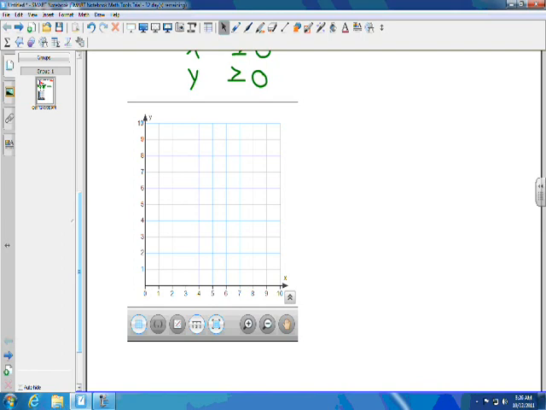And same with the Y minimum. That's 0, and the Y max is 400. Now hit your Y equals. Of course, you'll need to clear out anything from the last period.